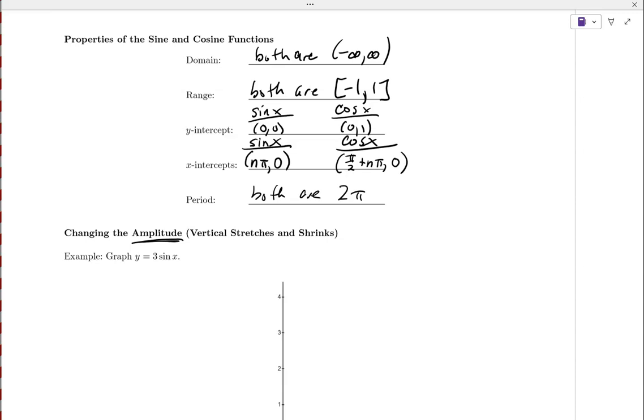Not the entire length of the range, it's half the length of the range. It's how far you displace from the middle, okay? All right? So for the original graphs, the amplitude is 1. For this one, we would say that the amplitude is 3. And in particular, your amplitude is half the length of the range.